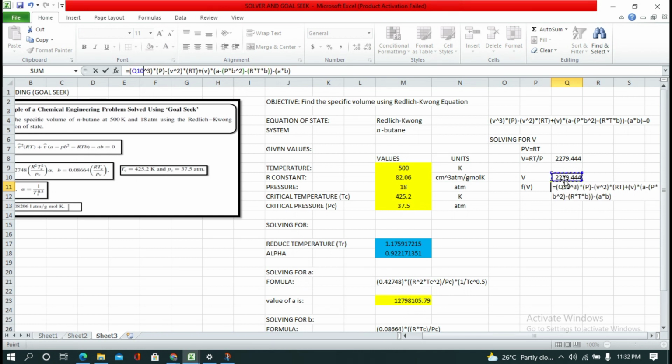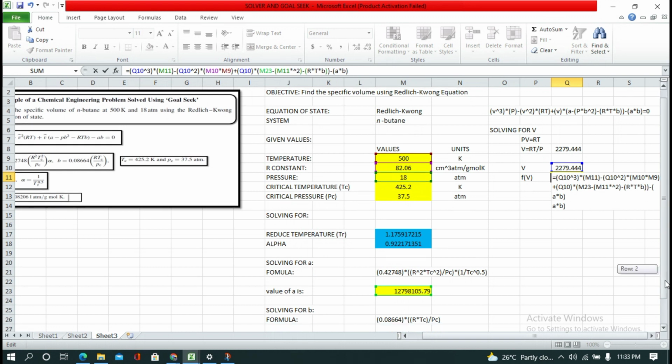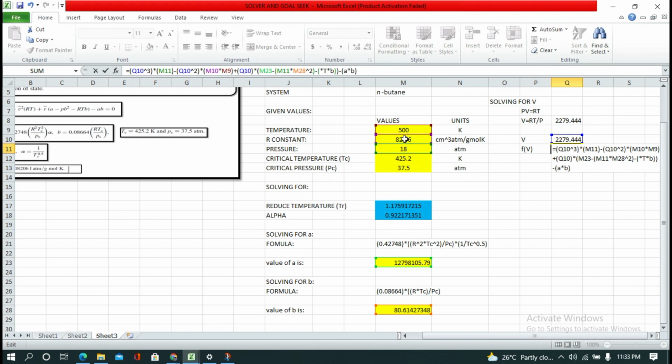V times the pressure, which is 18, times the volume, 2279.444, times the value of R, which is 82.06, times the value of temperature, which is 500, times the volume, and then the value of A, this one, then the value of pressure again, then the value of B, which is the one below, and then the value of R again, and then the value of temperature, which is 500, and the value of B, this one, then the value of A, and then the value of B, this one, then click enter.